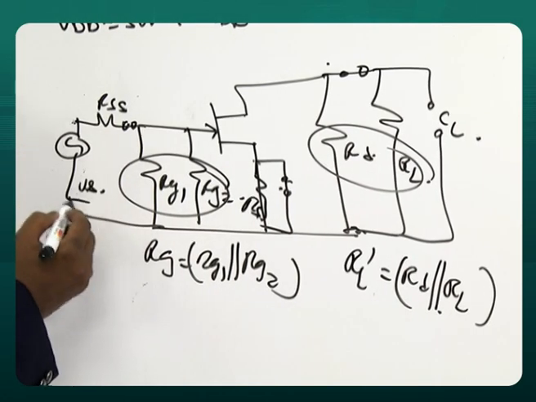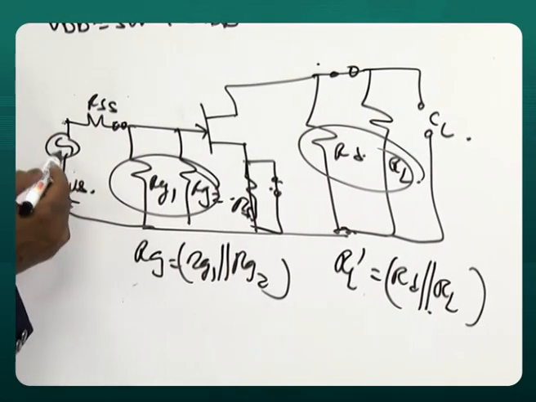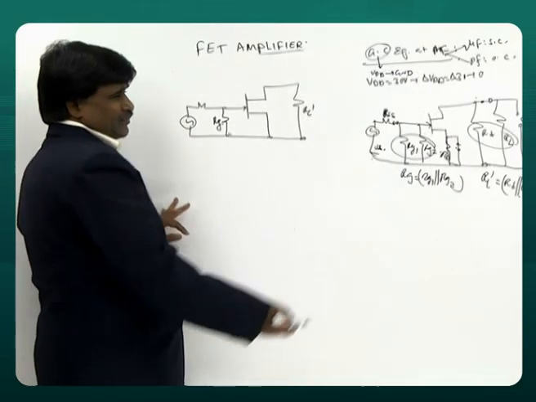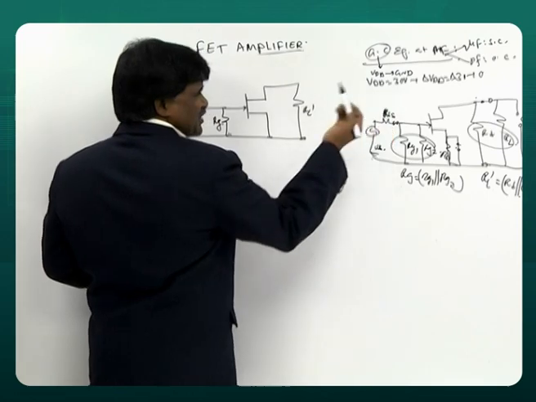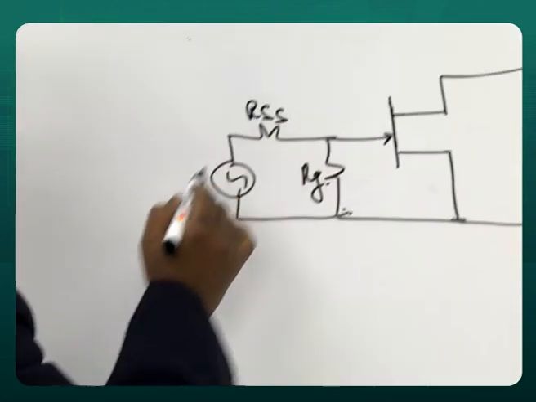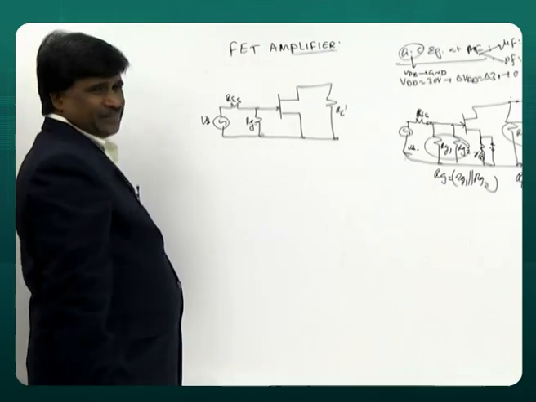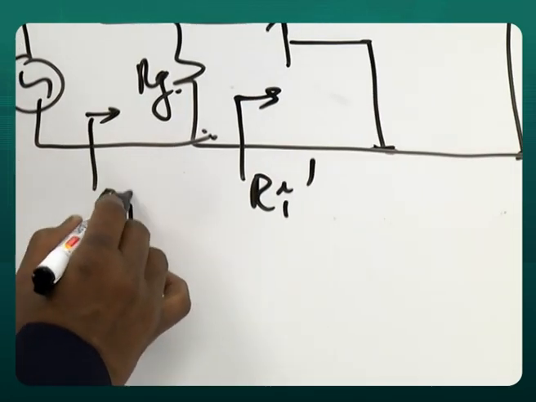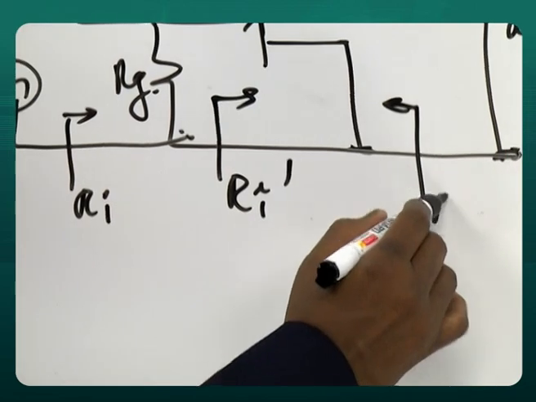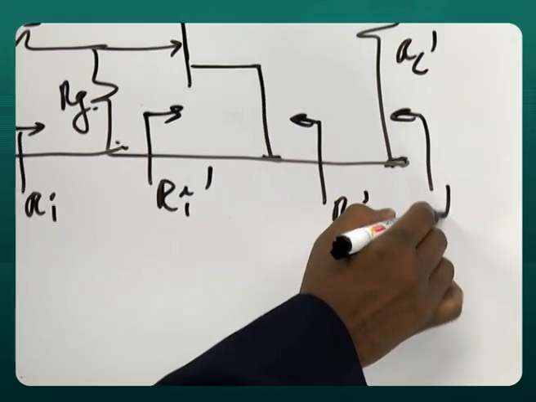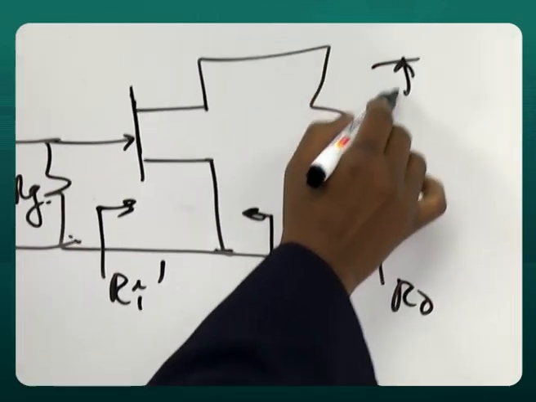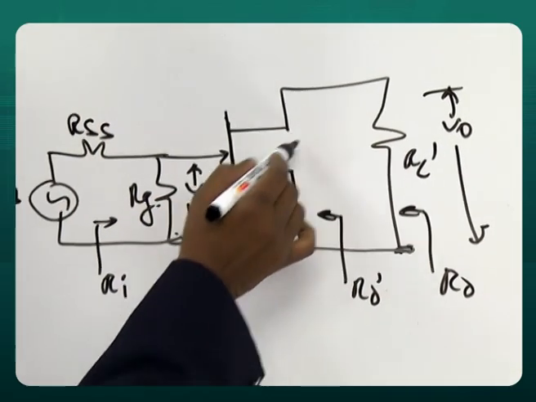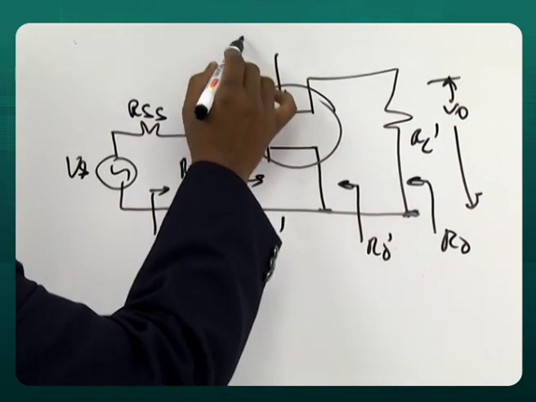You know why? To say signal source resistor. So this is RSS. This is VS. Call this RI dash. Call it RI. R0 dash. R0. V0. VI.